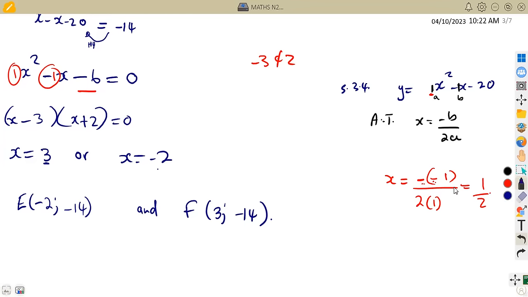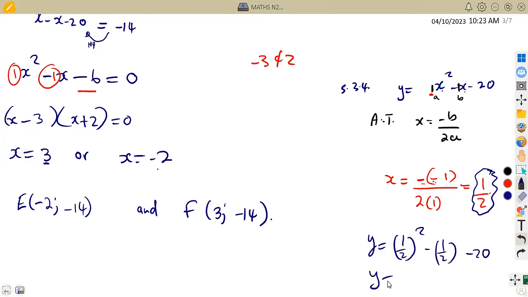So you are supposed to determine the value of y by substituting the value of x, which is 1 over 2, in place of x here. So it is going to be 1 over 2 squared minus 1 over 2 minus 20. That will give us the value of y, which is negative 81 over 4.